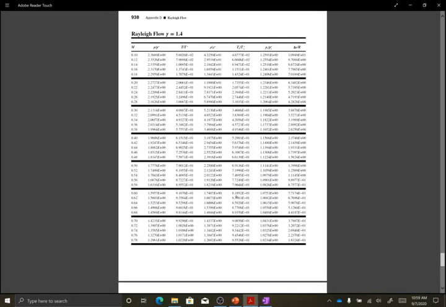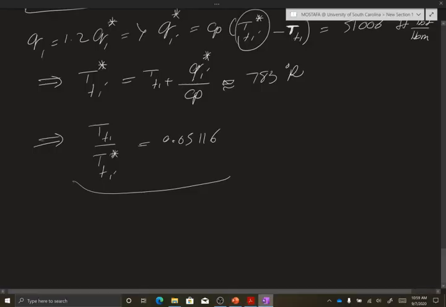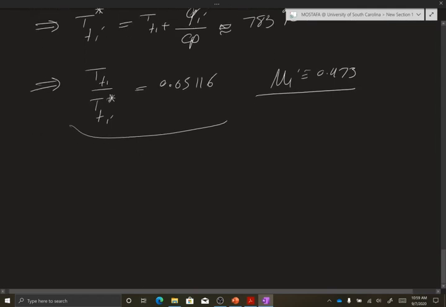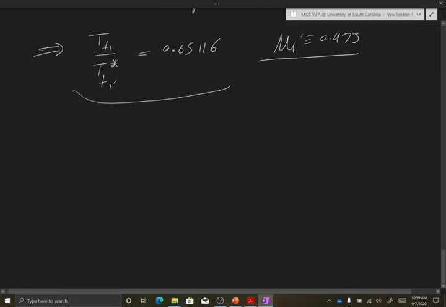We are looking at this part of the table. This is essentially going to be somewhere between these two. You do an interpolation to find the M1 prime, which has to be between 0.46 and 0.48. After doing the interpolation, you'll get M1 prime to be roughly equal to 0.473. That is going to be your new Mach number after the adjustment.